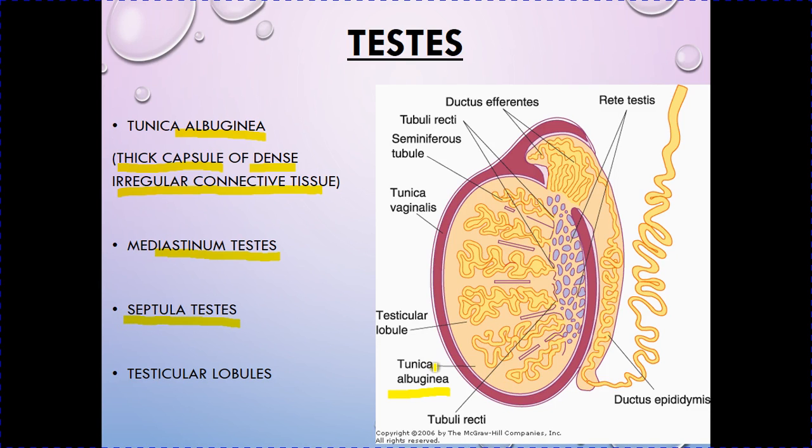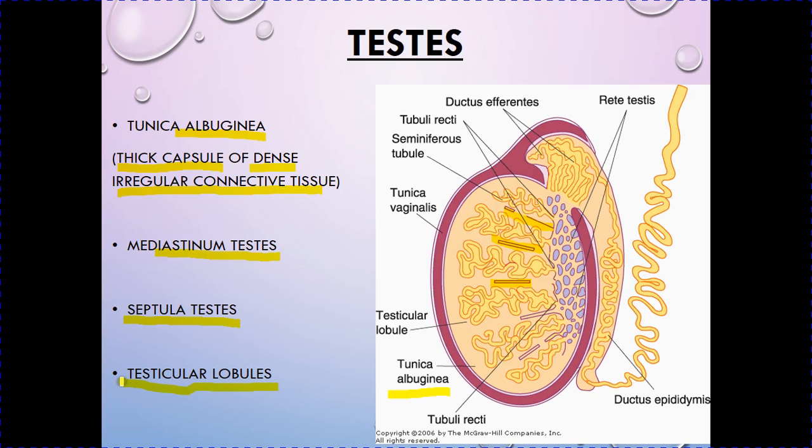Now we will see this in the figure. These are the septula testis. These are the septa which are dividing the parenchyma of the testes into compartments, or you can say into lobules. These are called testicular lobules.